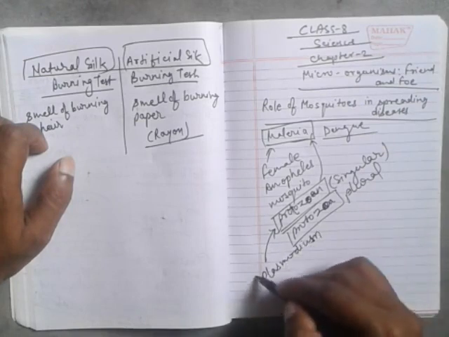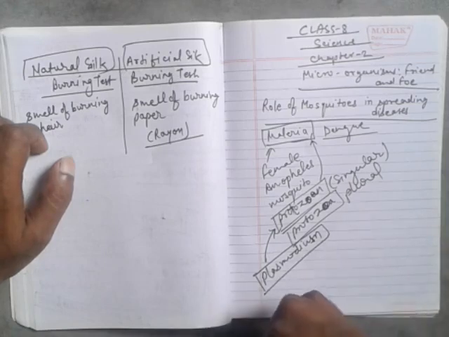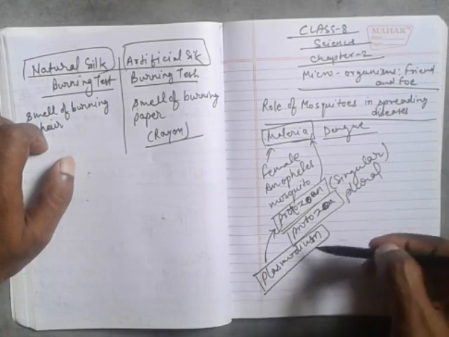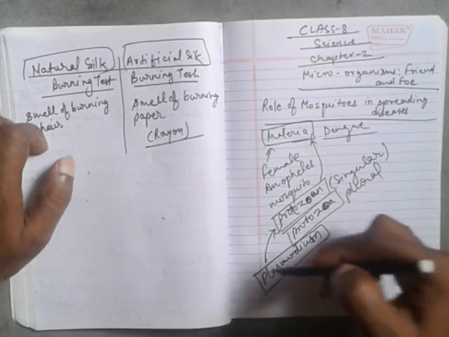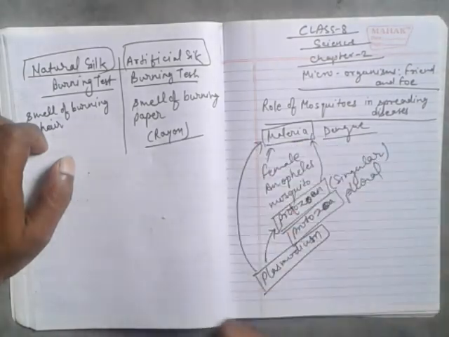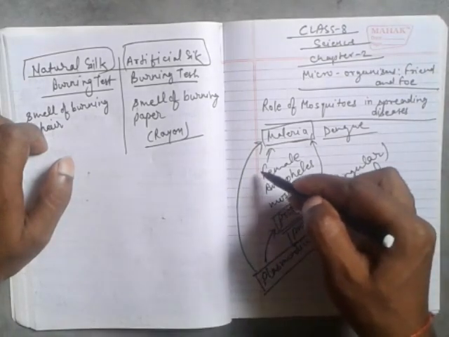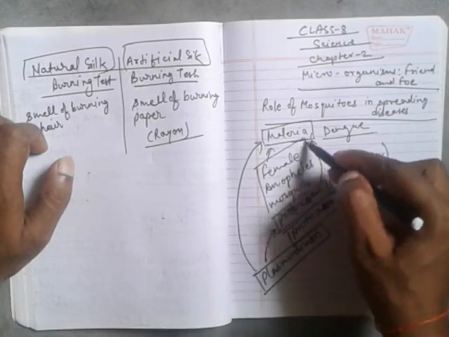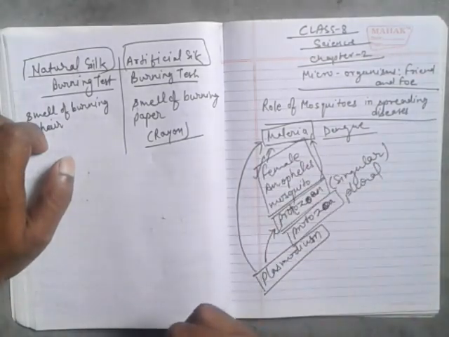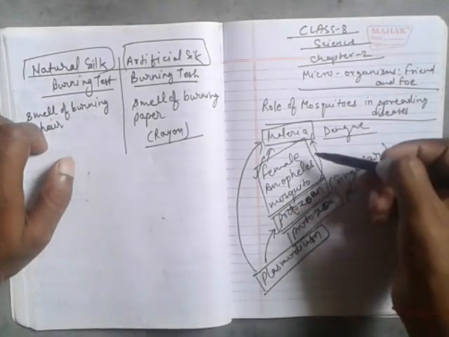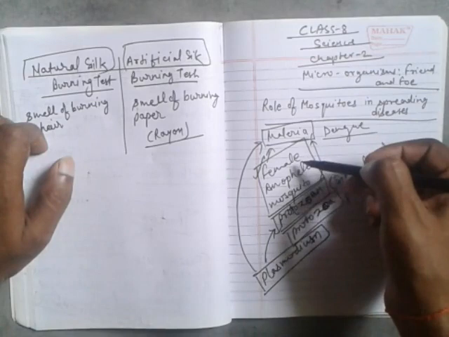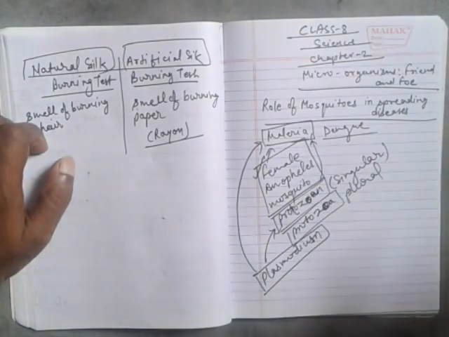Plasmodium is the microorganism responsible for causing malaria, and it is carried by a mosquito, the female Anopheles mosquito. It is spread only by the bite of the female Anopheles, not the male.